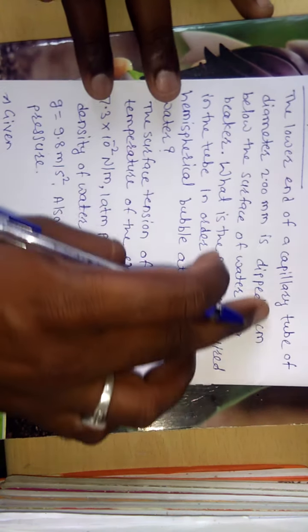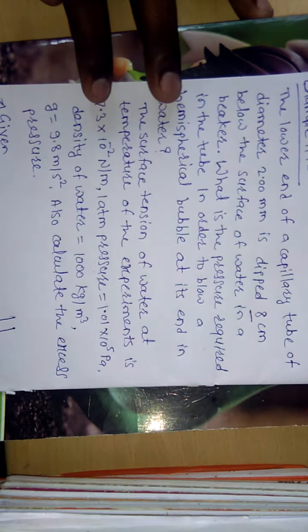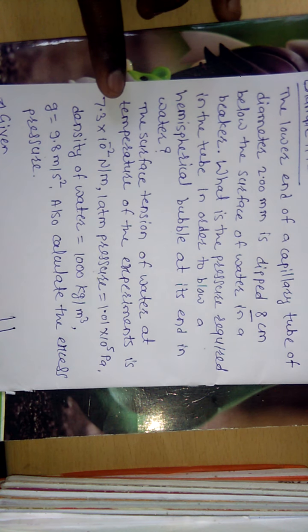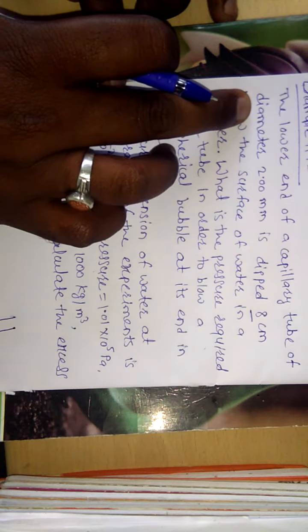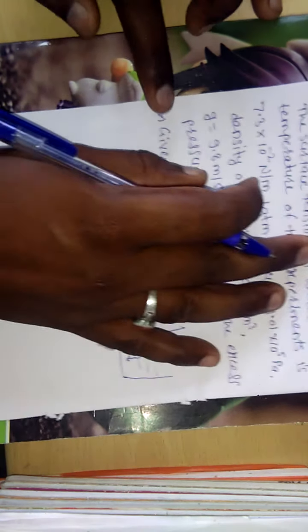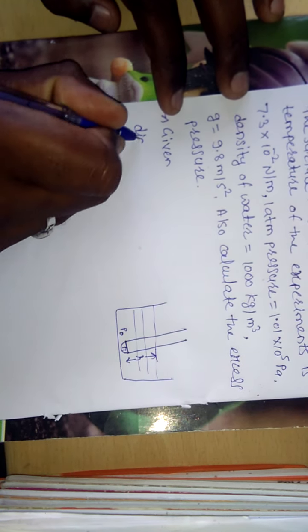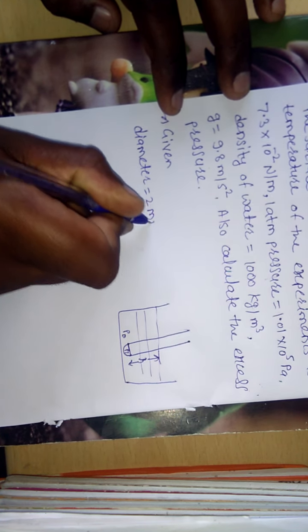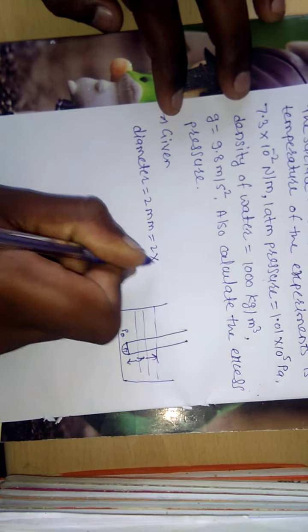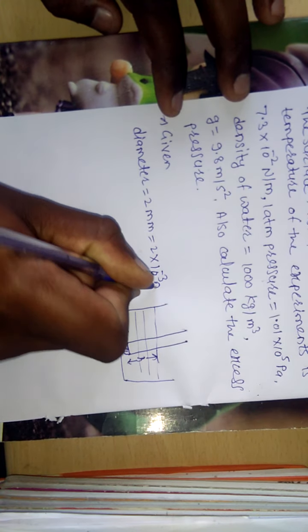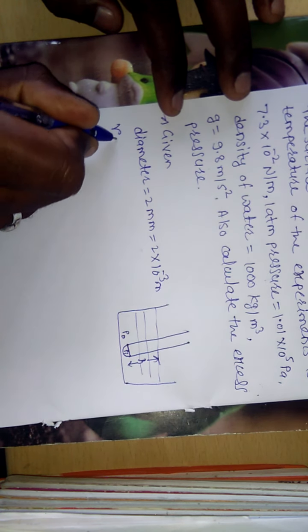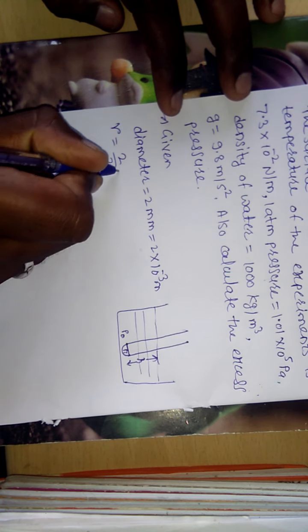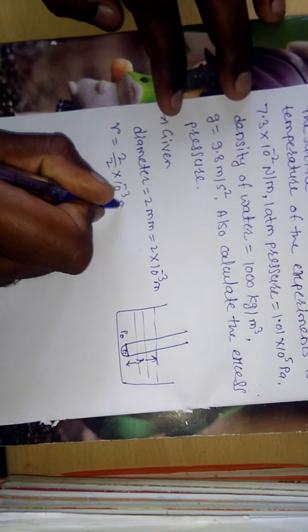The lower end of the capillary tube has a diameter which is the same as the diameter of the bubble. Therefore the diameter of the capillary tube is 2 mm, which means 2 × 10^-3 meter. The radius is half of the diameter, so 2 divided by 2 × 10^-3 meter.